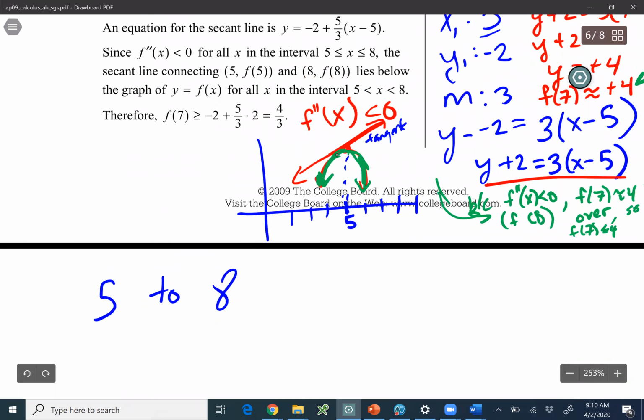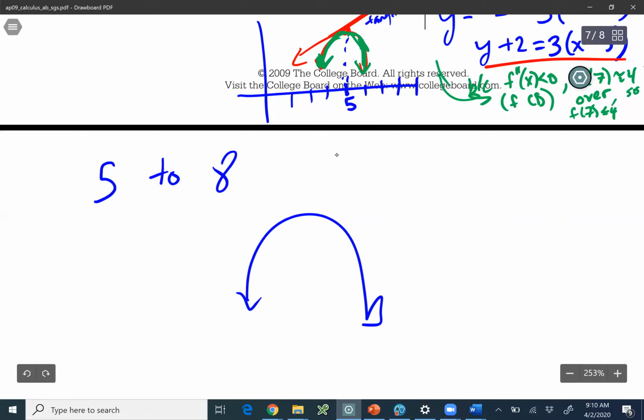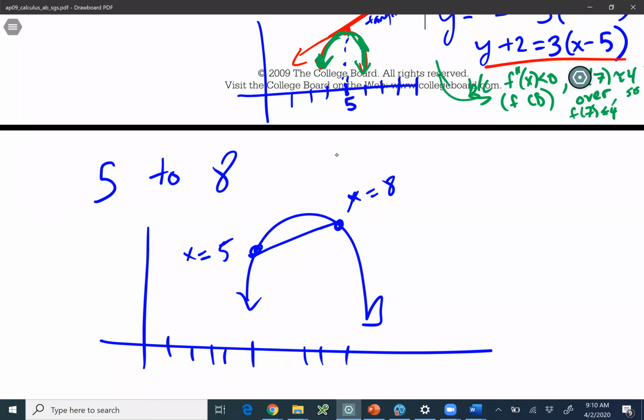And what I was telling you guys yesterday is that we're not doing x1, y1, m1 anymore because the secant line is essentially in between, say if 5 is here, right? So that's 1, 2, 3, 4, 5, 6, 7, 8. If 8's up here, it's this line here. So we can still do x1, y1, and m, but we can use either 5 or 8. It doesn't matter which one you use, you'll get the right answer.